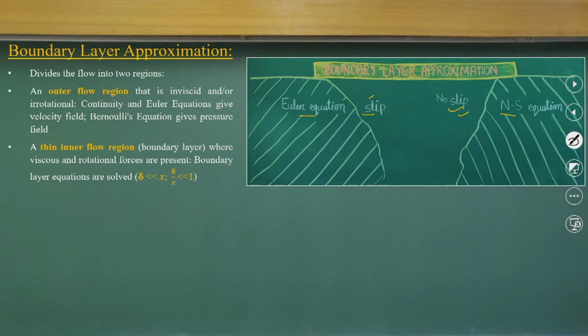Like for example, if you just take a simple form of a car, okay. The sketch is not that perfect, but anyway, that doesn't matter. It's moving with velocity v. So, let it be maybe 100 meters per second.